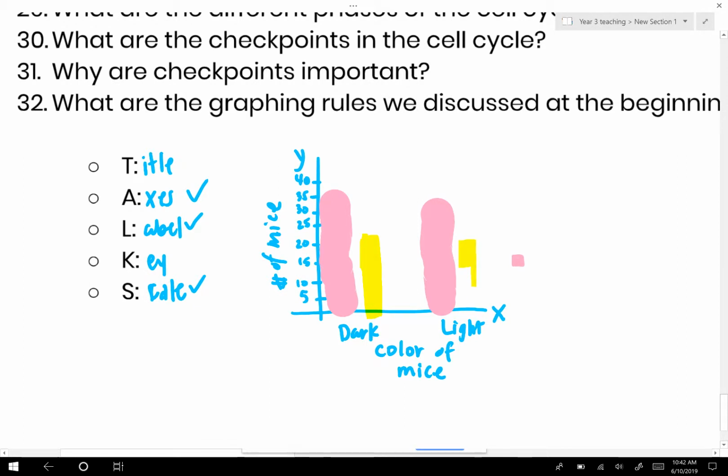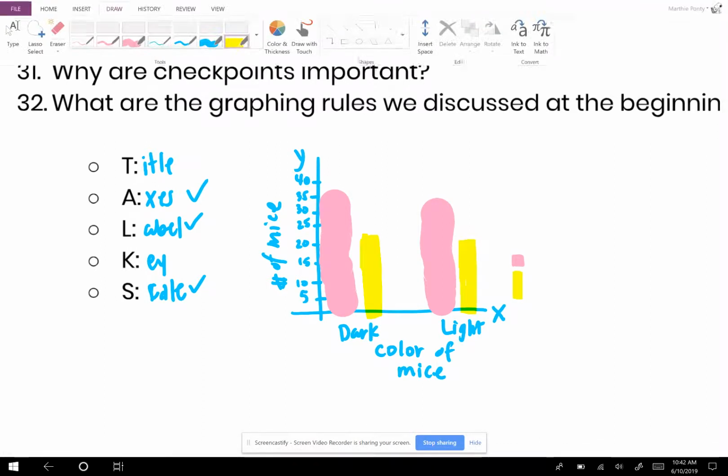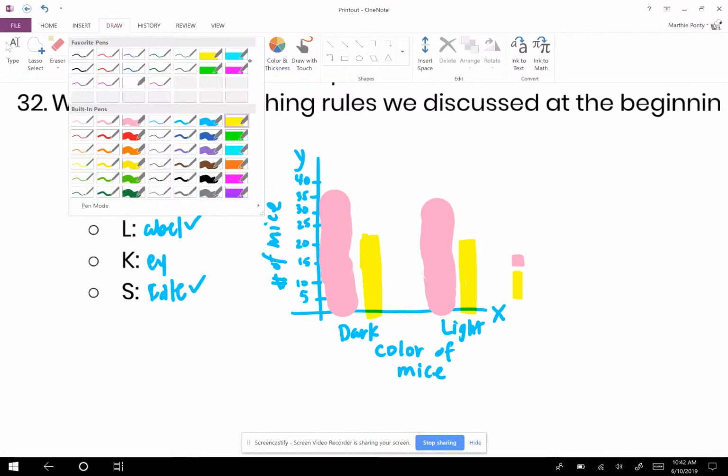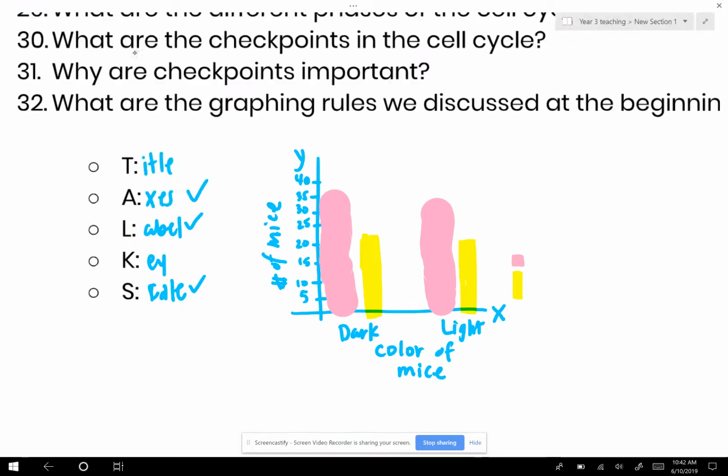Then I'm going to do that there. And then I'm going to label these things. So my key, this one is going to be before, and this one is going to be after. And then I have my key.